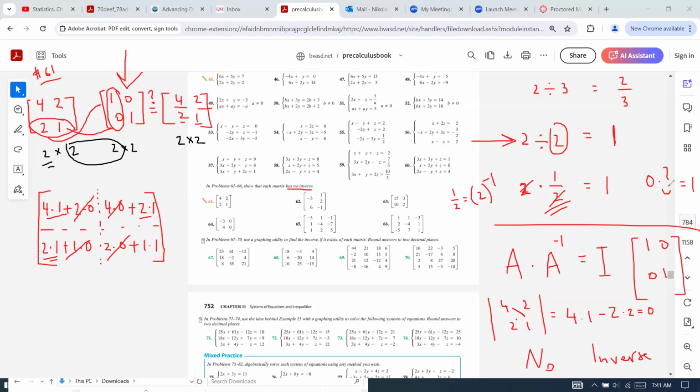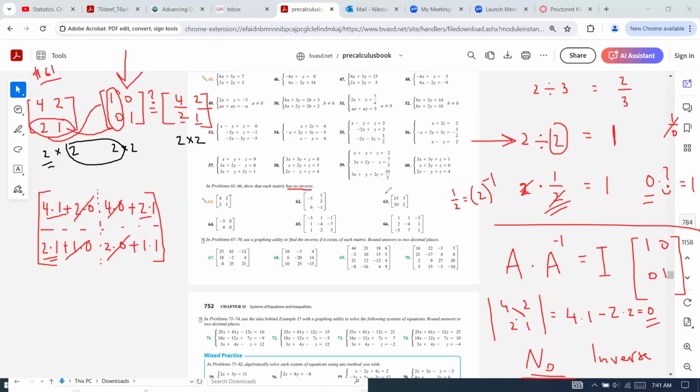And since it's 0, well, you cannot just write it as 1 over 0 because it's not defined. And that's kind of analogous to what we just produced here. So the determinant cannot be 0 because if you have 0 multiplied by what in order to produce this identity? Well, the inverse does not exist. So we say there's no inverse.